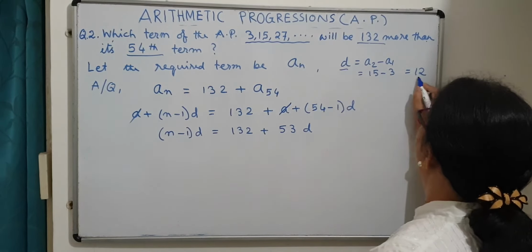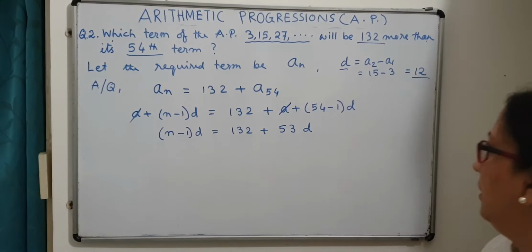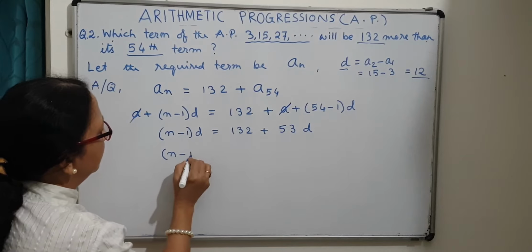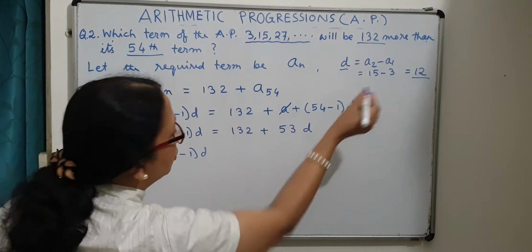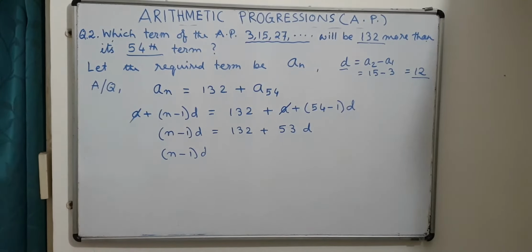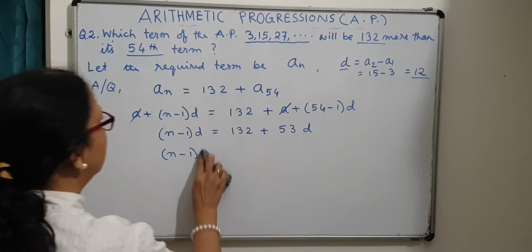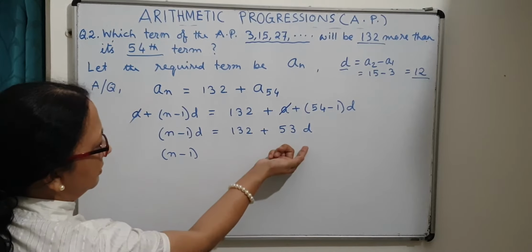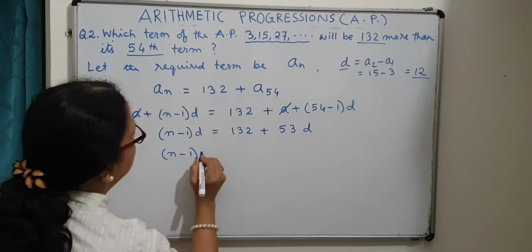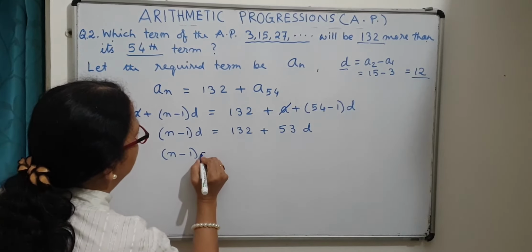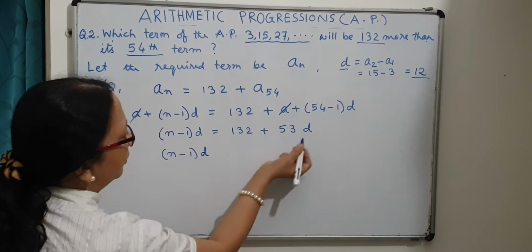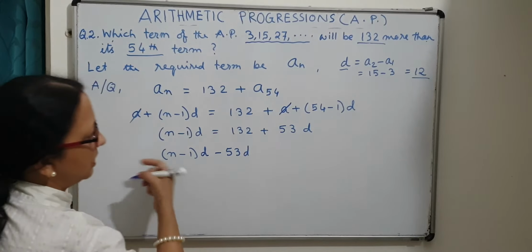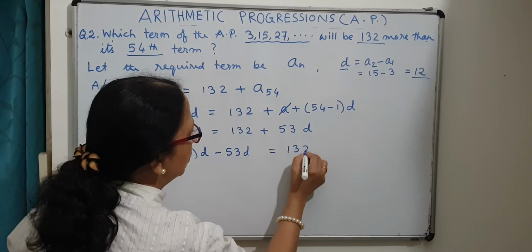So I know the value of d, so I can put the value now. I will bring this to this side, this will be better. So it is minus 53d, when I transpose 53d to the same side, equals 132.